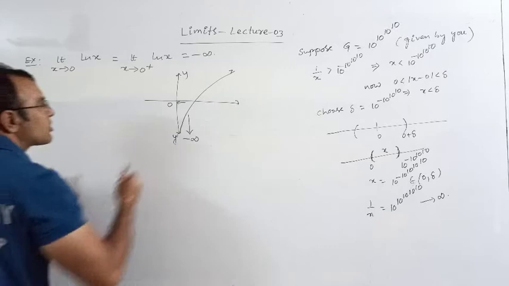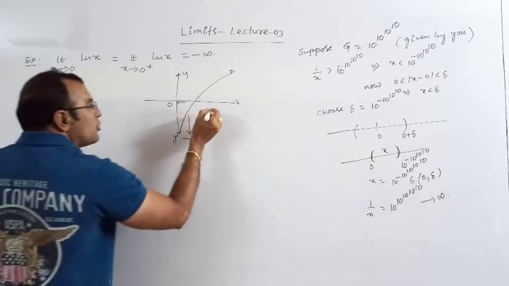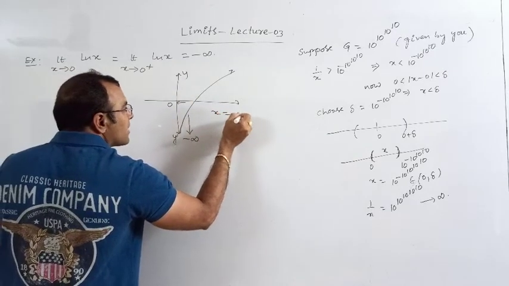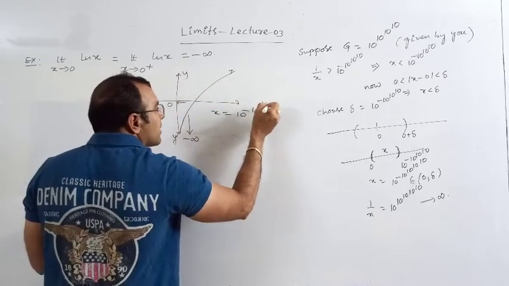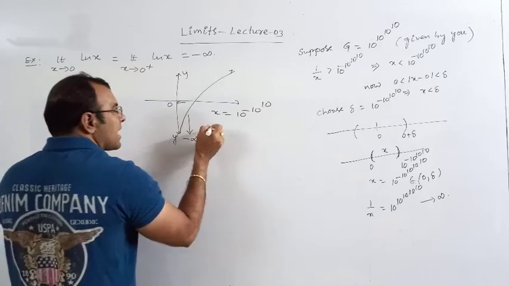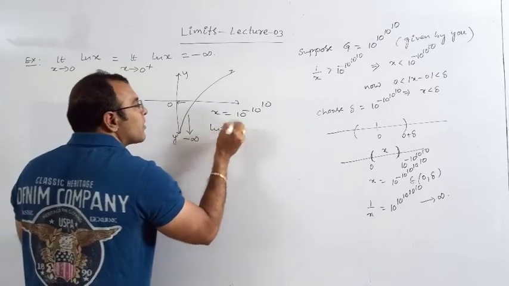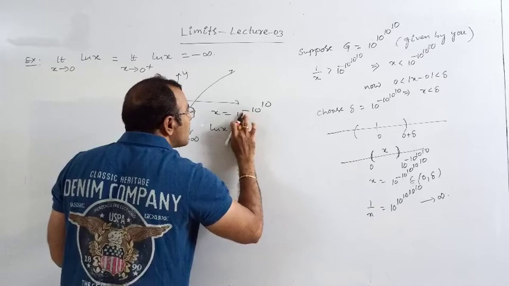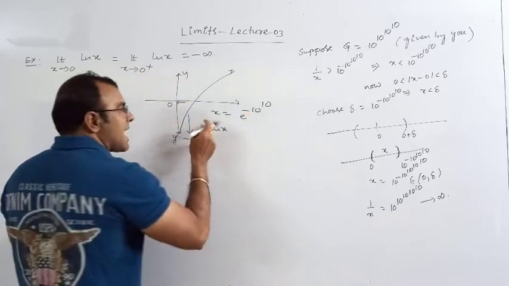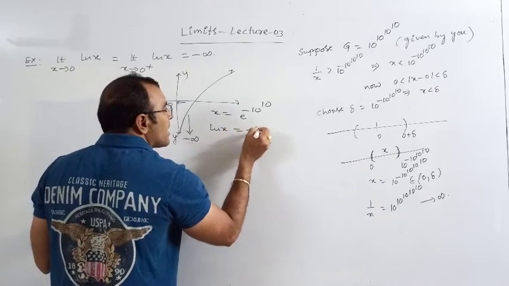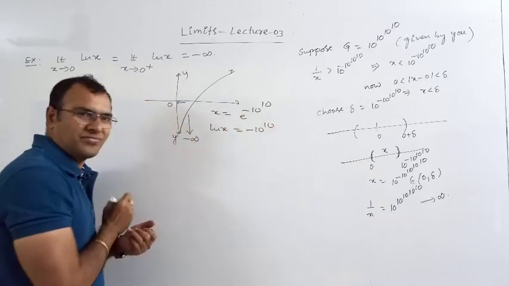I will give you one or two values. So x tends to 0 plus. You take x equal to 10 to the power of minus 10 to the power of 10. Let us take this. What is the ln x value? Then ln x equals minus 10 to the power of 10.